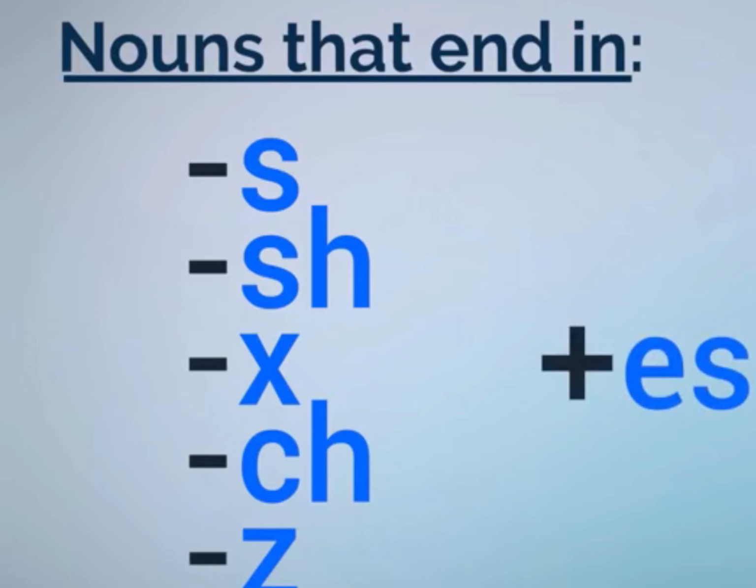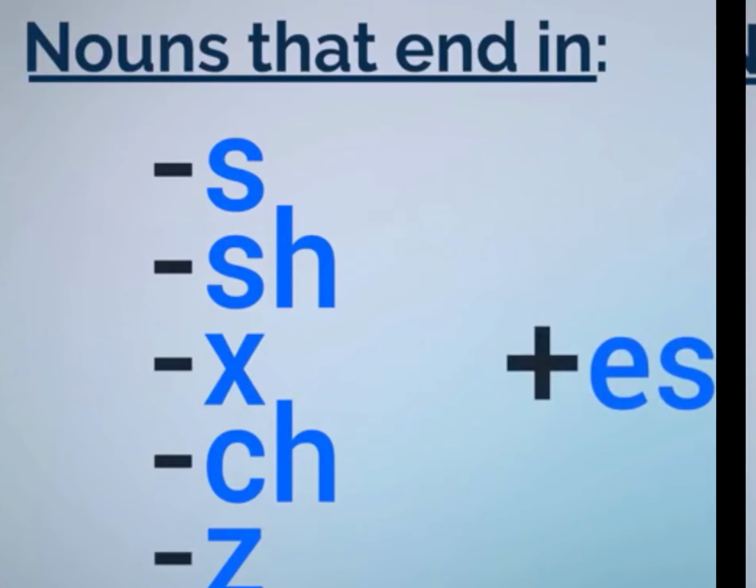So these are the nouns that end in S, SH, X, CH, Z. We add an ES. We do not change any of these letters. We just add an ES to the word. Like I said, we have bus, buses, bush, bushes, fox, foxes, beach, beaches, quiz, quizzes.